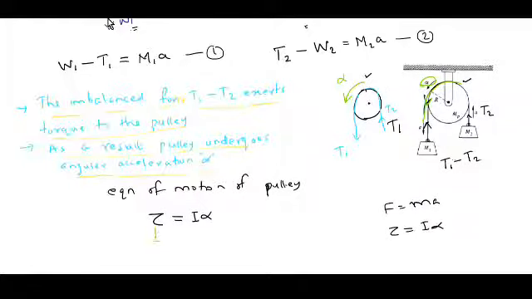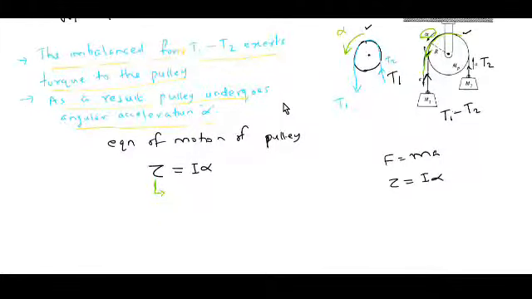Find the rotational force acting on the pulley. That is, one can write this tau is nothing but R cross F, equal to I into alpha. This R cross F is the general expression for the torque acting on the system.